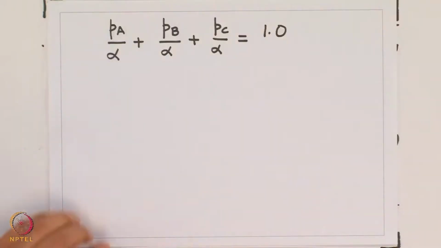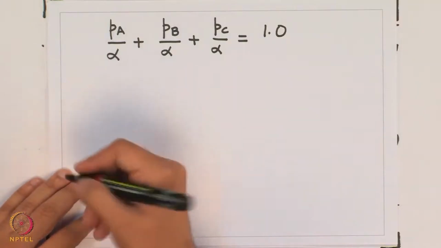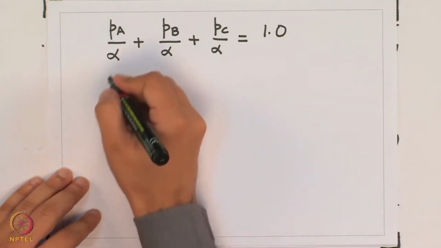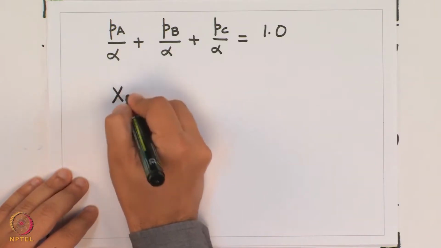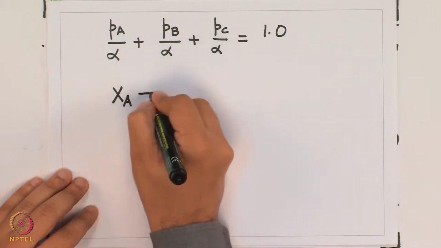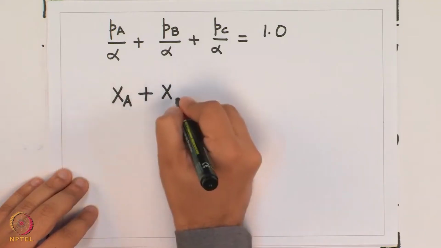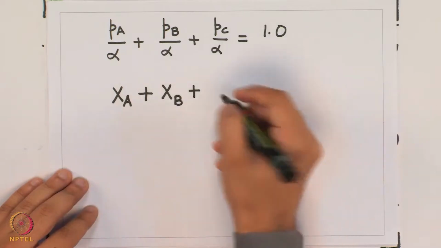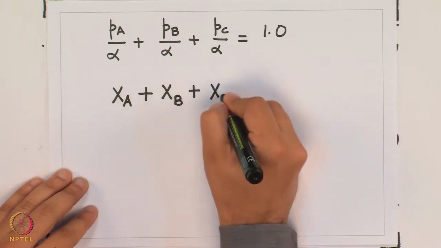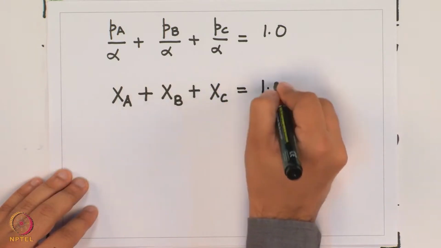So I am going to write this in this graphical representation of species. PA by alpha for any point P will represent XA, PB by alpha for any point P will represent XB, and PC by alpha for any point P inside this triangle is going to represent XC, which is equal to 1.